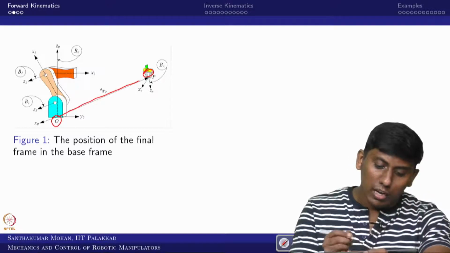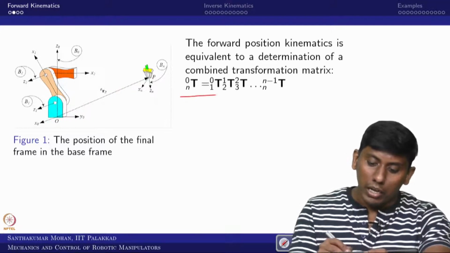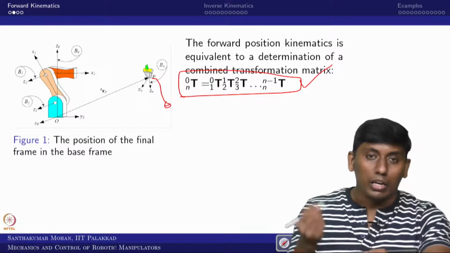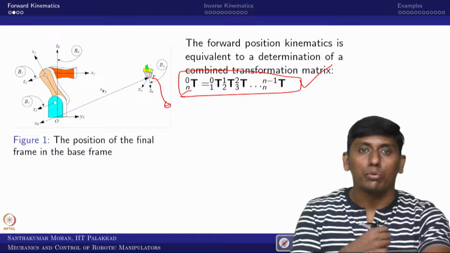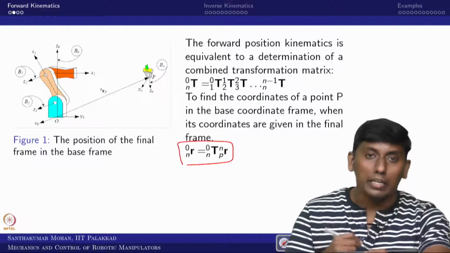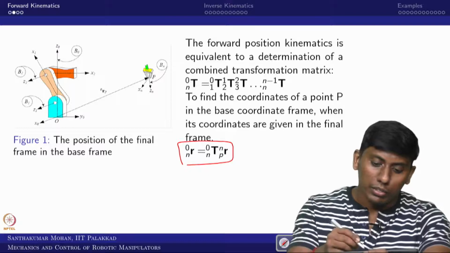You want this and the orientation information. So what one can do is get this, which will give the final end, and if anything else is there, you can multiply with that transformation matrix. That is the whole idea of what we are writing. I hope you understood what forward kinematics is.